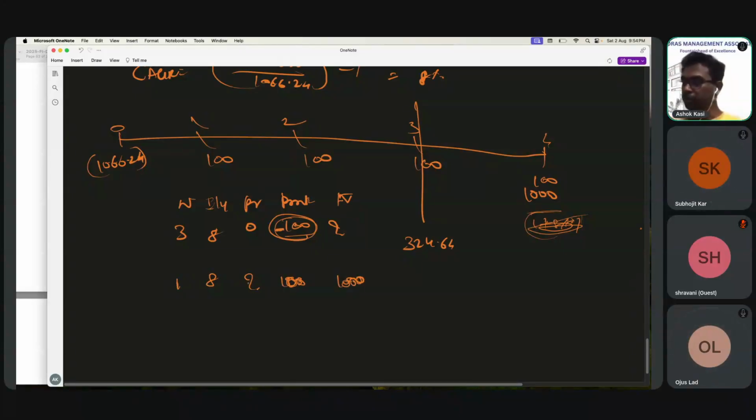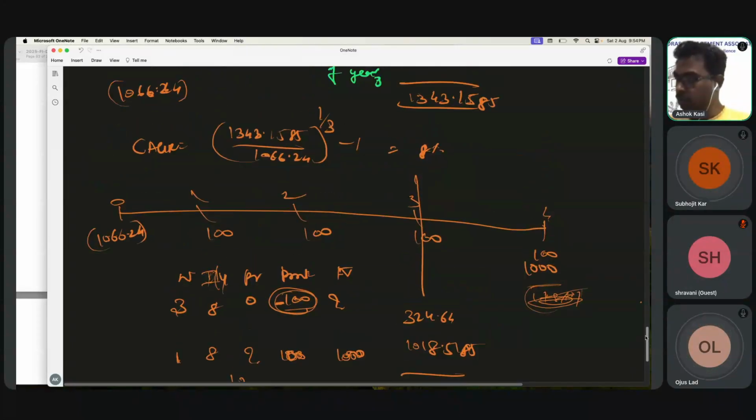Calculate the present value now. 1018.5185. It's the same, which is what we received here.